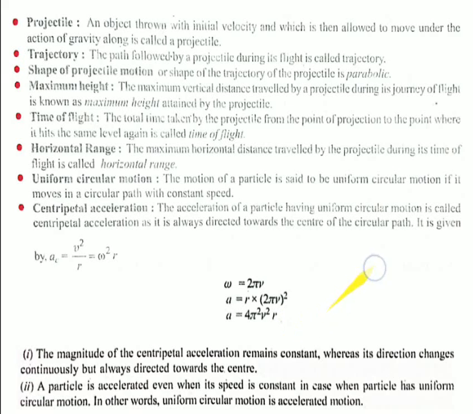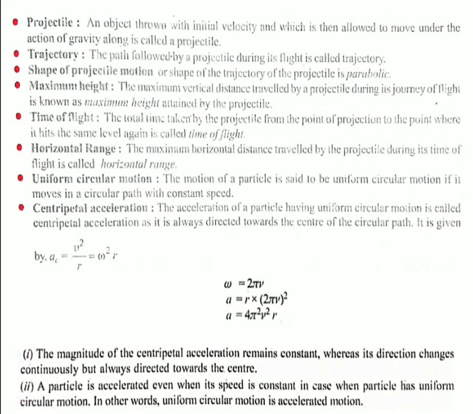Here the main concept that we have studied in uniform circular motion is that the magnitude of the centripetal acceleration remains constant, so its direction changes continuously and is always directed towards the center.